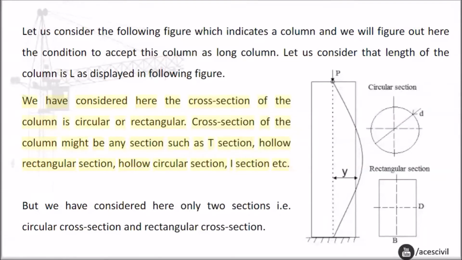Cross-section of the column might be any section such as T-section, hollow rectangular section, hollow circular section, I-section, etc. But we have considered here only two sections, i.e., circular cross-section and rectangular cross-section.